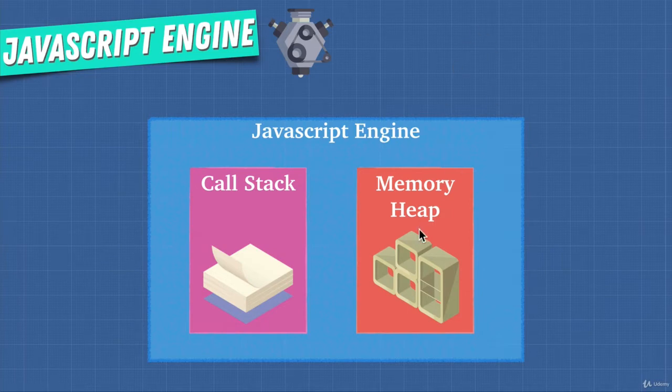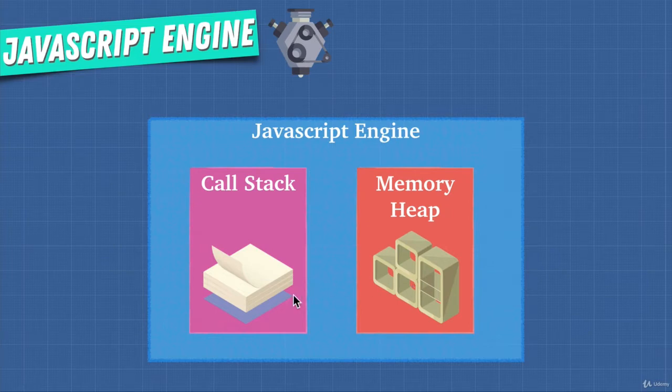We need the memory heap as a place to store and write information, because at the end of the day, all programs are just read and write operations. That way we have a place to allocate memory, use memory, and release memory, that is to remove it, just like these cupboards over here.